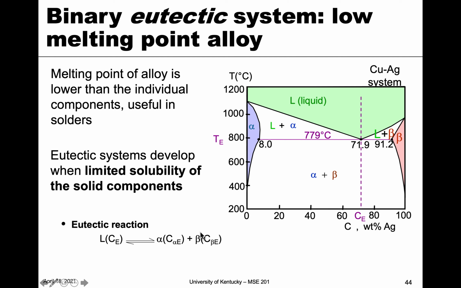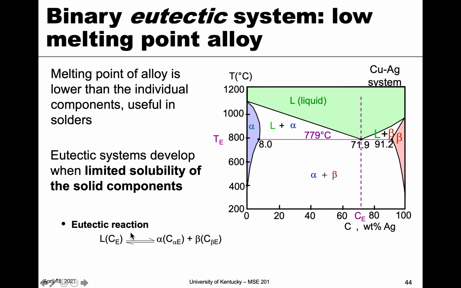And so this is another way of defining the eutectic system, because it follows this reaction. So above this temperature of about 800 degrees, at this composition of 71.9, we have liquid, and then if we go straight through this composition and go down, we'll go straight into two solids. That's a unique reaction, unique to the eutectic system.